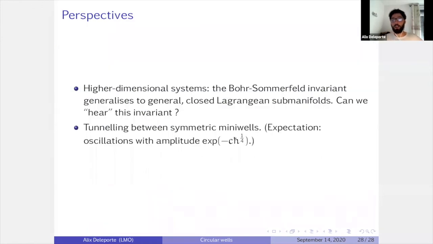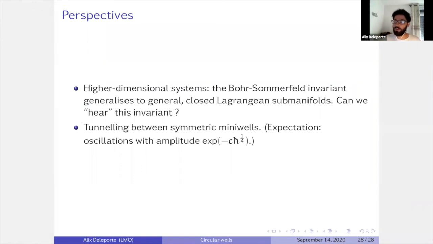I'm done now, and I will now present you with two kinds of general perspectives. The first perspective is what happens in higher dimensions. Of course, in higher dimensions, not all classical systems are integrable. So what happens? The Bohr-Sommerfeld invariant generalizes to Lagrangian submanifolds in general.